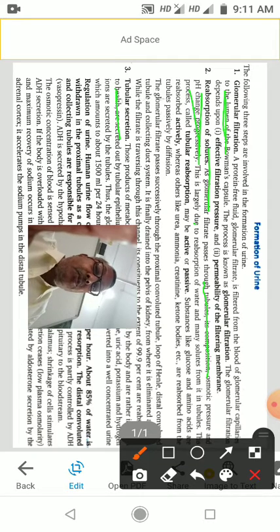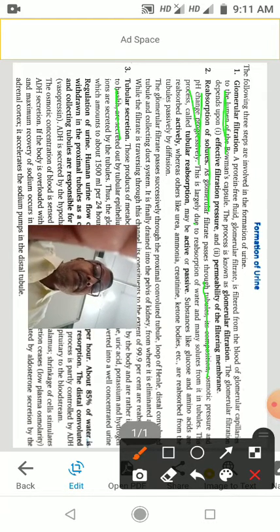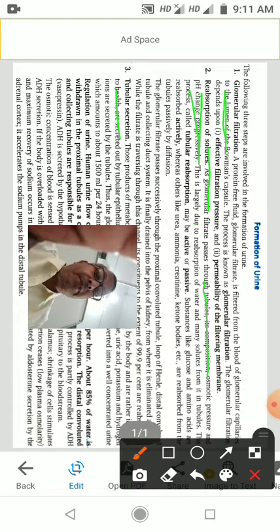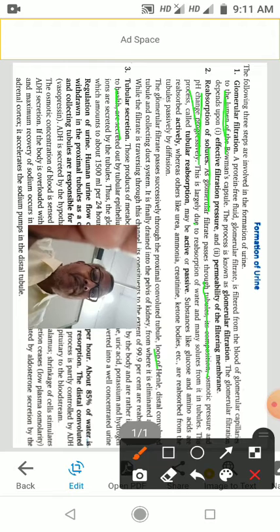Now there is reabsorption of water, amino acids, glucose, and other useful substances from the glomerular filtrate into the blood of blood capillaries, by active and passive absorption.